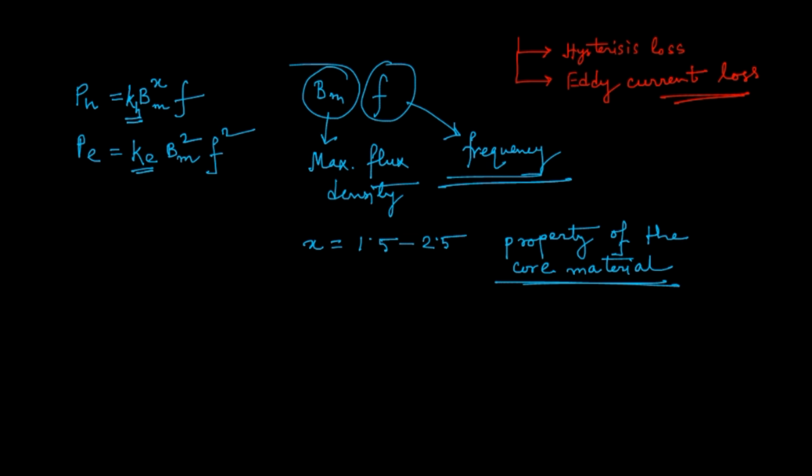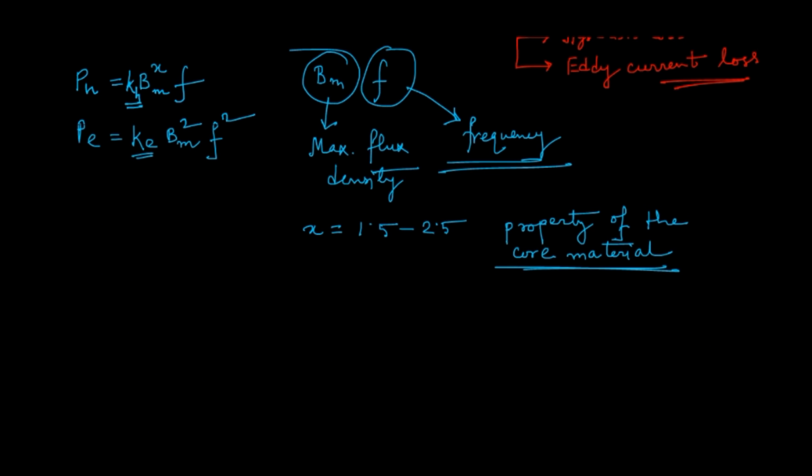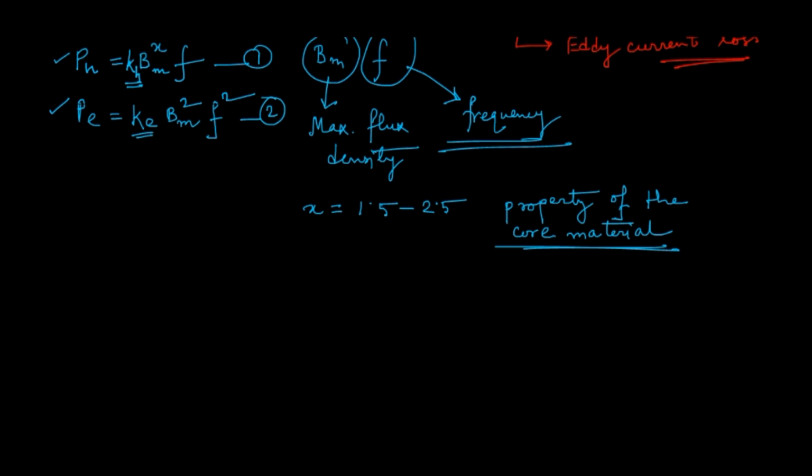Now let's not get into this, because it would be a very big discussion on only the no-load losses and their types. Our core focus is why the equivalent circuit is in parallel. In equation 1 and equation 2, we have the hysteresis power and eddy current power loss expressions. We know that the induced EMF equation of a transformer is E = 4.44 phi F T, where phi is the magnetic flux, which equals B into A, that is, flux density into area.